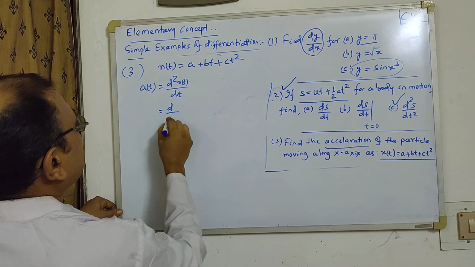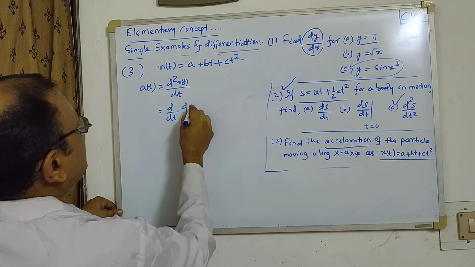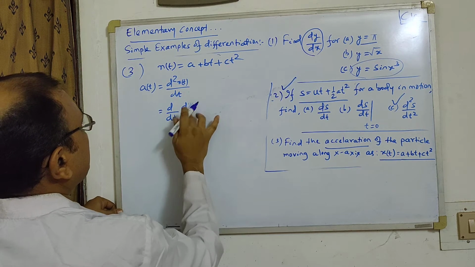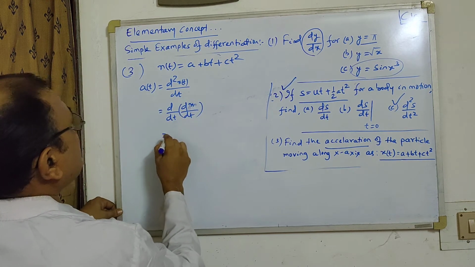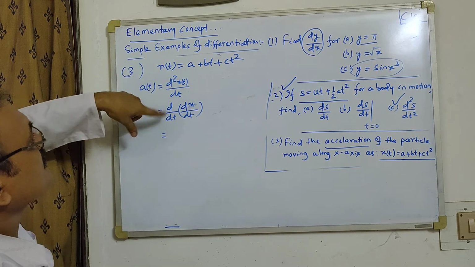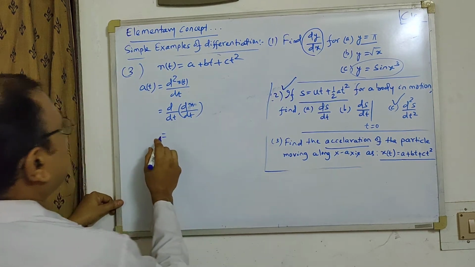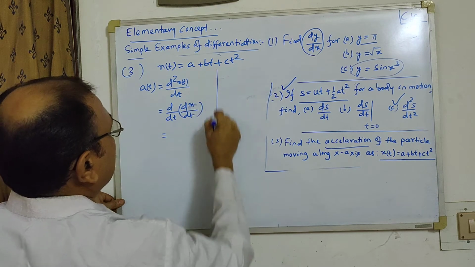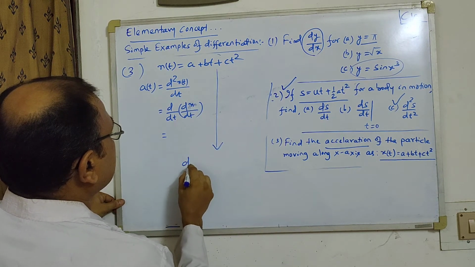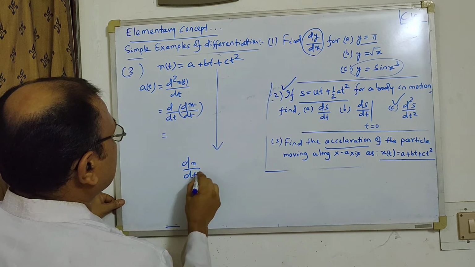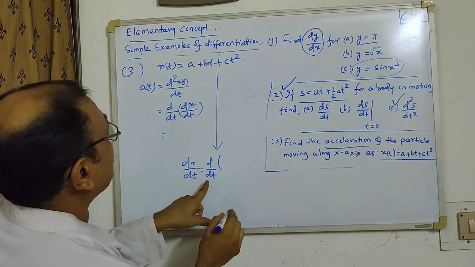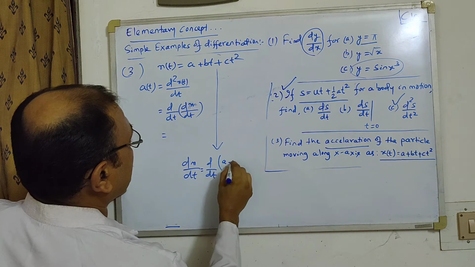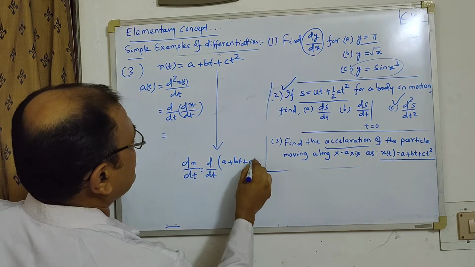We can write it as d by dt of dx by dt. That means we have to first differentiate this one. If you differentiate this one, what value are we getting? That is dx by dt. How much are we getting? d by dt of x being a plus bt plus ct square.